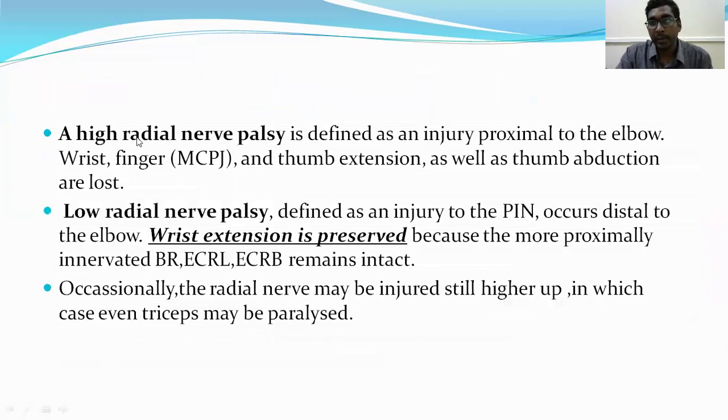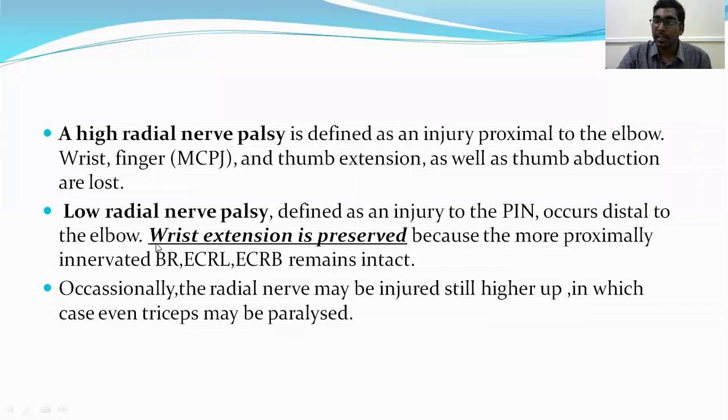So what is high radial nerve palsy? High radial nerve palsy is defined as any injury proximal to the elbow. If the injury is proximal to the elbow, it means wrist, finger, and thumb extension are lost. Low radial nerve palsy is defined as injury to the PIN, which occurs distal to the elbow.